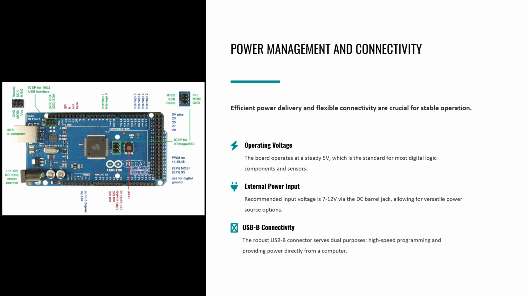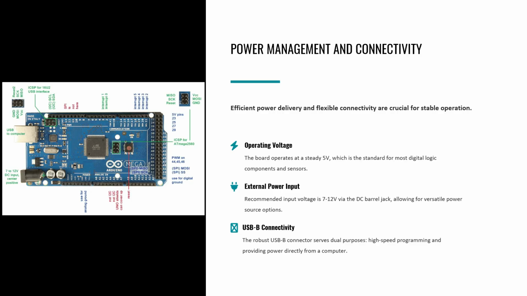Alternatively, the board can be powered using an external power supply through the DC barrel jack, typically with a voltage range of 7 to 12 volts. Internally, voltage regulators convert this input voltage into the stable 5-volt supply required by the microcontroller and other onboard components. The USB-B connector also provides serial communication between the board and the computer, allowing programs to be uploaded easily.